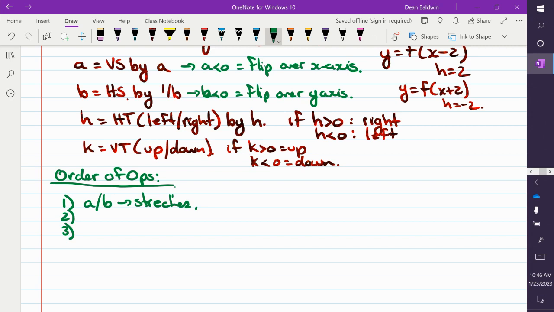So stretches, flips. I'll put stretches, flips. Then what? H and K. So the translations, H and K.